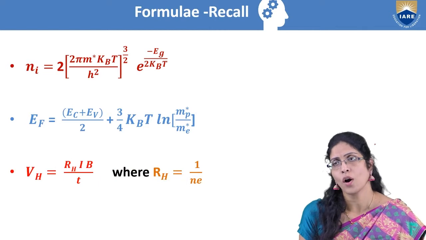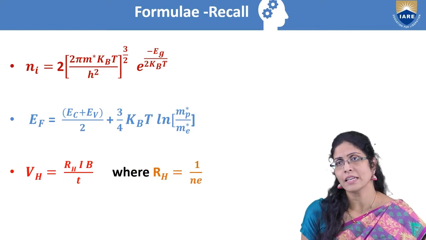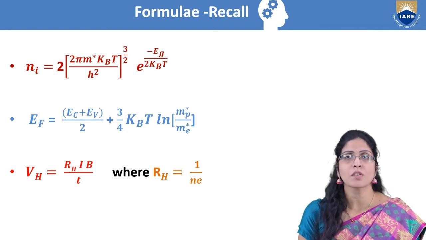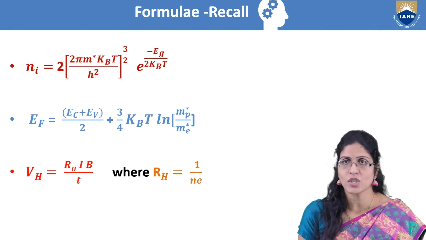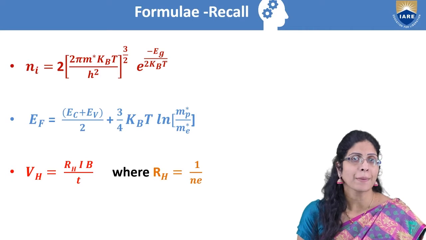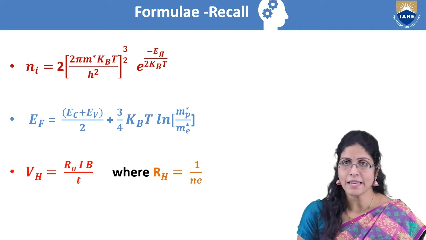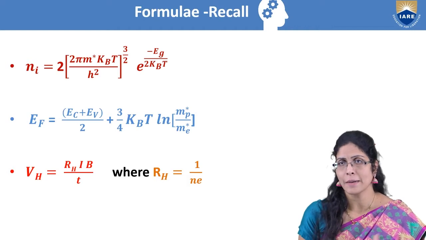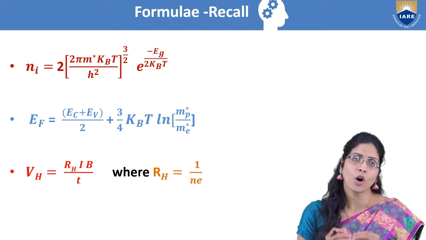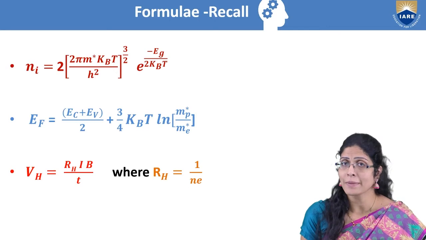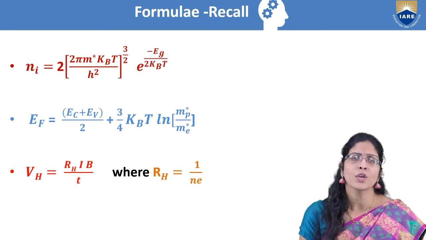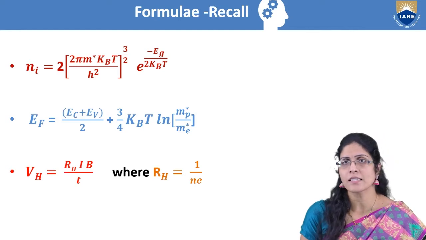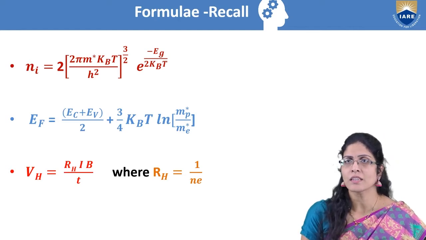And coming to the Hall effect, we ended up deriving an expression for the Hall voltage in terms of the Hall coefficient RH, current I, applied magnetic field intensity B, and the thickness T of the rectangular slab. Even if your problem gives other dimensions like width, you need not consider those, just take the thickness, and substitute in this formula.